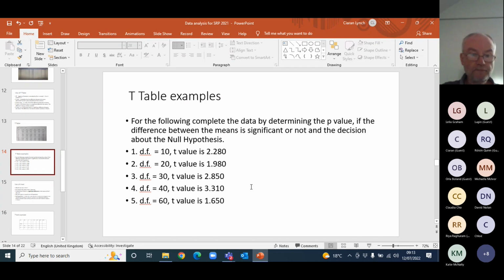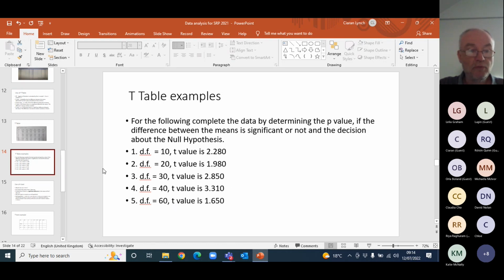For 40, if I go across the row there to find 3.310, then I can see it's going to be between 3.307 and 3.551. So it's in between those two figures. So my p-value is less than 0.002 and greater than 0.001. So before we move off this exercise, I've left one for you to try by yourself and see how you get on, and maybe then come back to me if you have any further issues.